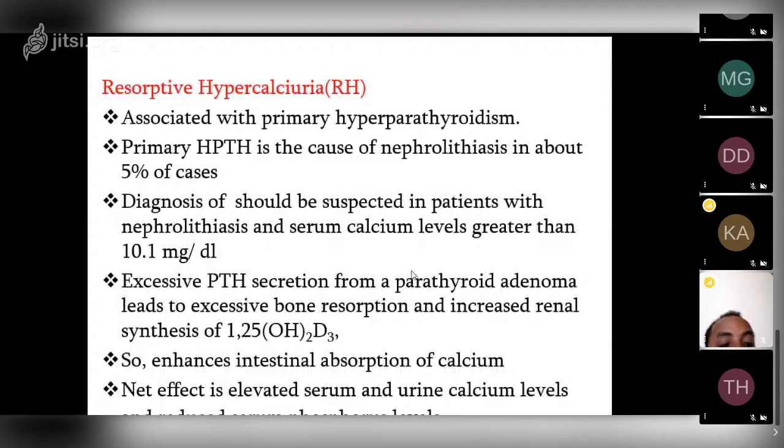Excessive parathyroid hormone secretion from the parathyroid adenoma leads to excessive bone resorption and increased renal synthesis of vitamin D3, so enhanced intestinal absorption of calcium. The net effect is elevation of urine calcium and reduced serum phosphate levels.